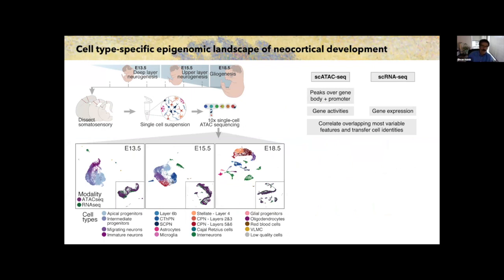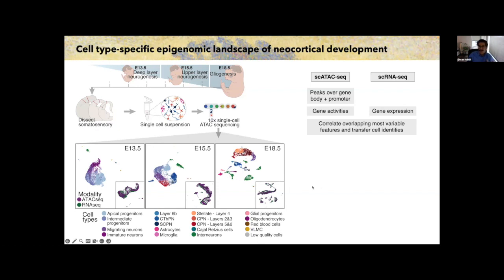For each time point, we inferred the gene activity scores, which is simply calculating counts over the gene body and promoter accessibility, and we integrated that with single cell RNA-seq to transfer all the labels and identities that we defined using RNA-seq, and by that we defined all the cell types from RNA-seq in the ATAC-seq data.